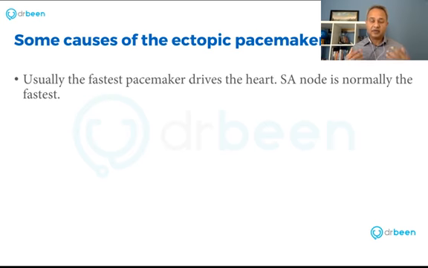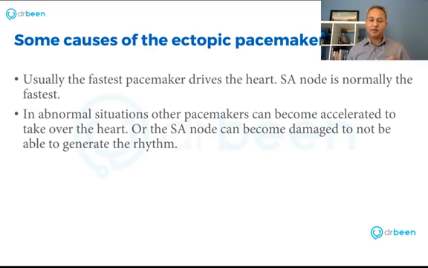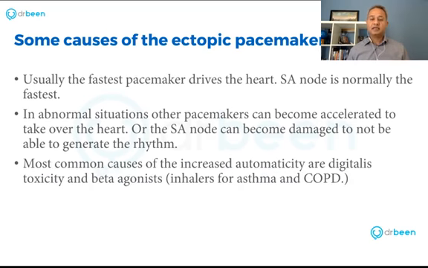Now, what are some of the causes? Clinically, when you're receiving a patient who may have an ectopic rhythm going on, an ectopic pacemaker going on, what are the possibilities? The most important thing which I want you to remember forever is digitalis toxicity and beta agonist toxicities. Both of them are very common. Digitalis is given for congestive heart failure. Congestive heart failure is a very prevalent disease.